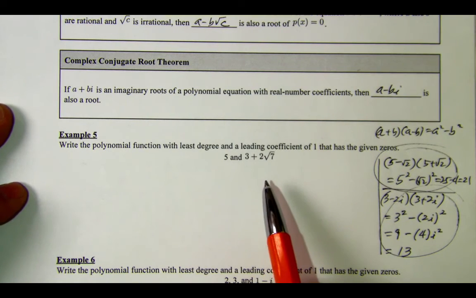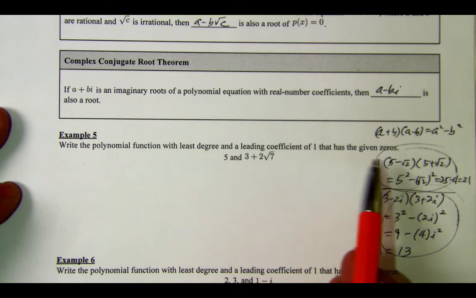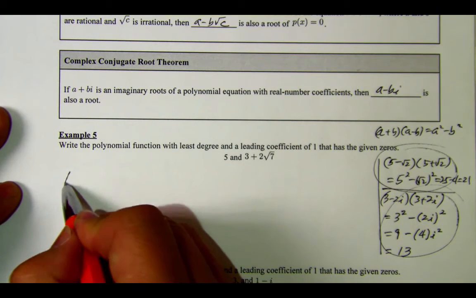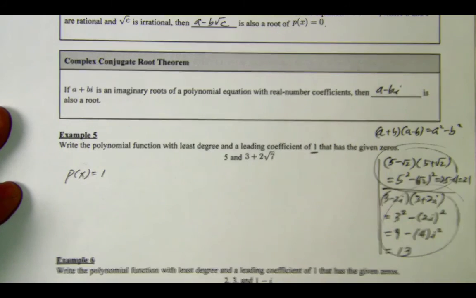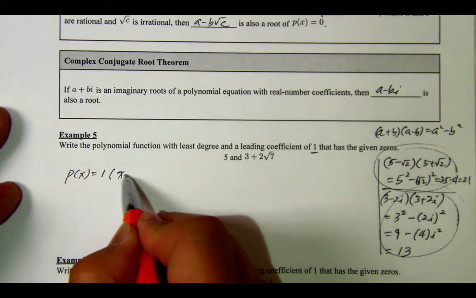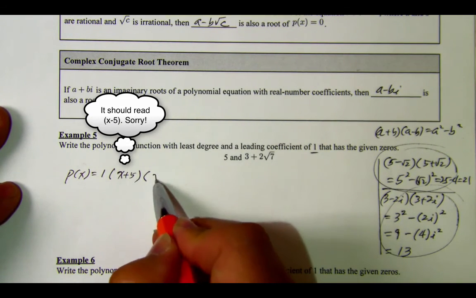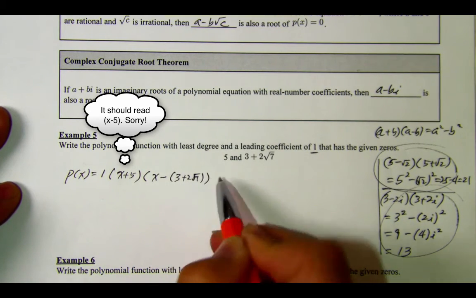Okay, let's do example 5. Write the polynomial function with least degree and a leading coefficient of 1 that has the given zeros. So that would mean that p of x is equal to 1, leading coefficient 1, right, times x plus 5 times, because this is a root, it will be x minus the root, right? 3 plus 2 root 7.